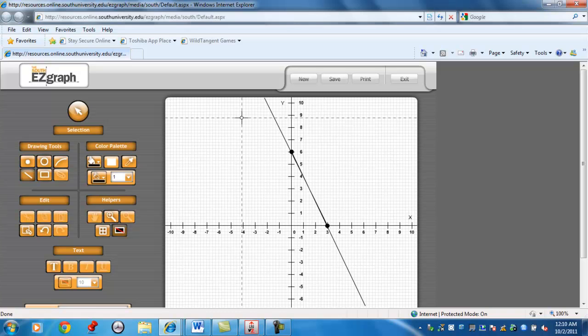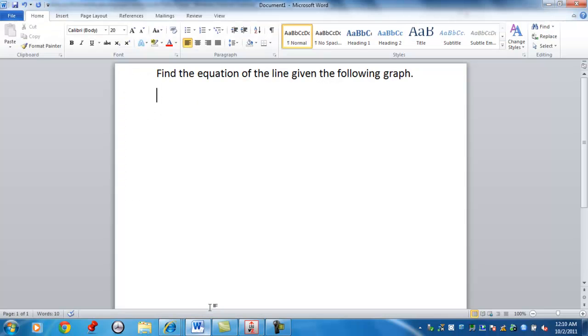Now, in this example, what we want to do is come up with the equation of the line. The way we're going to do this is we're going to use what's called slope intercept form. In general, it's written as y equals m times x plus b.